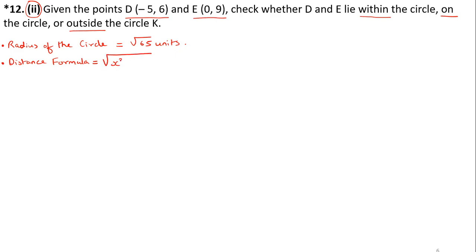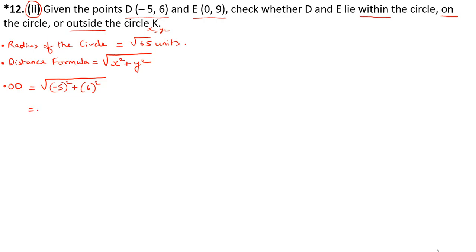So x square plus y square, right? Now what we will do is we will find the distance of OD from origin to this D point. Now equal to, so we will take this as a D point, this as x2 y2, and this will become minus 5 square plus 6 square.